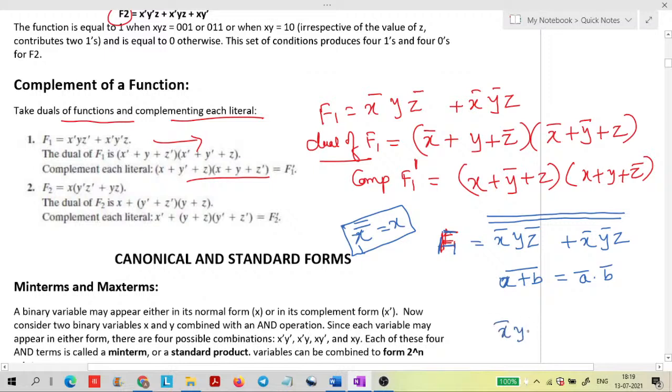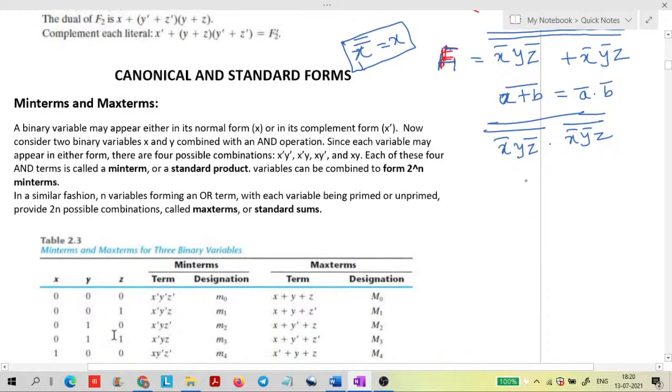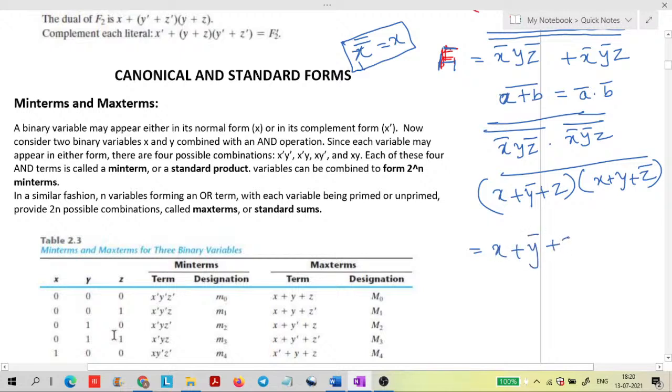So you can write this like x plus y bar plus z into x plus y plus z bar whole bar.